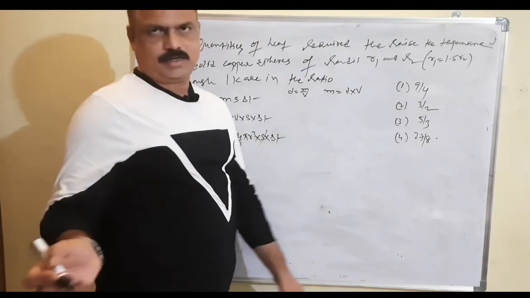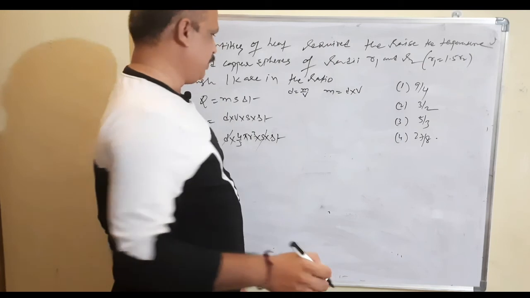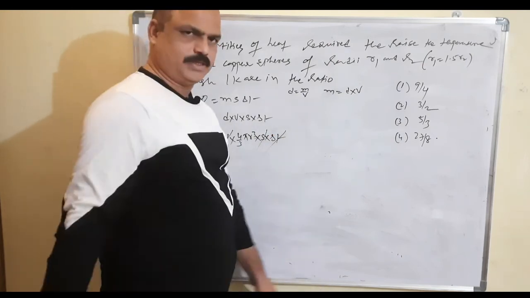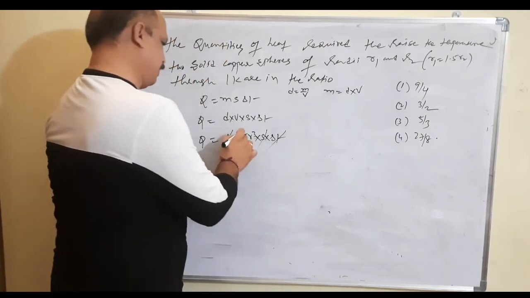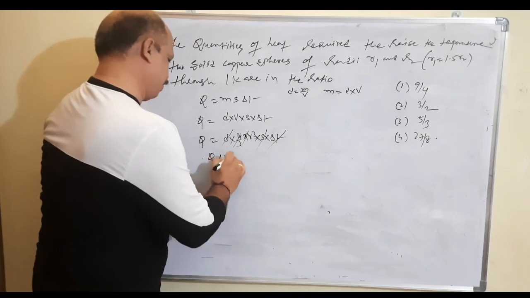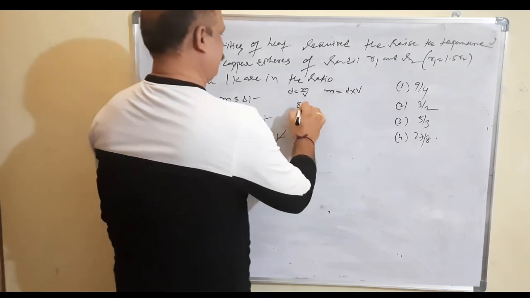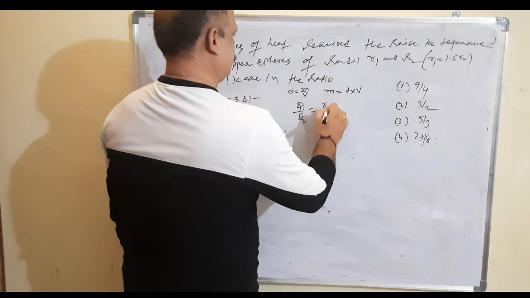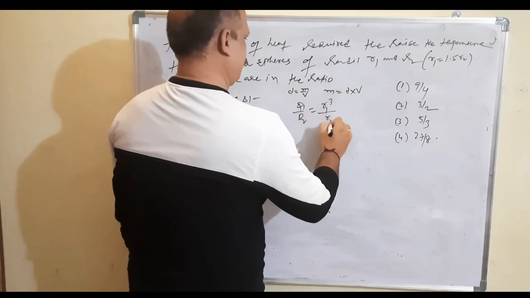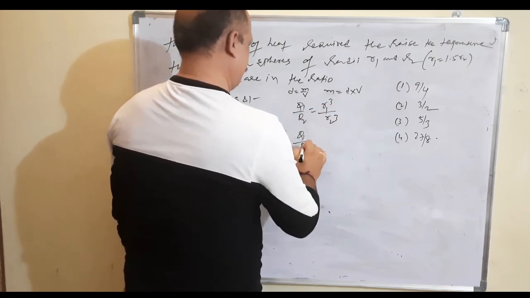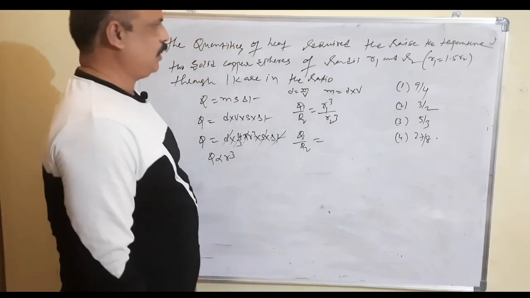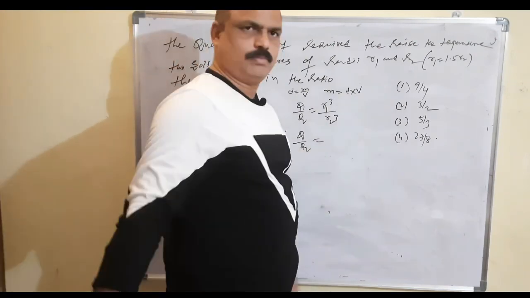Both are heated through the same rise in temperature, delta T constant, 4 by 3 pi constant, so Q is proportional to r cube. So Q1 by Q2 is equal to R1 cube by R2 cube.